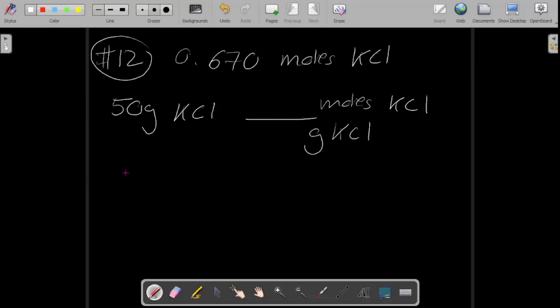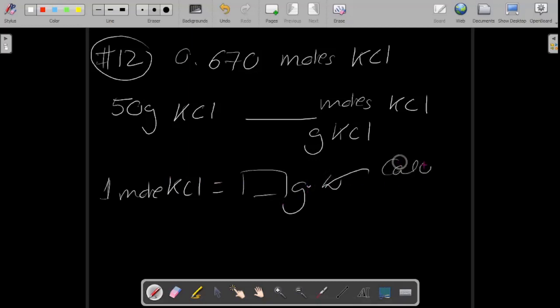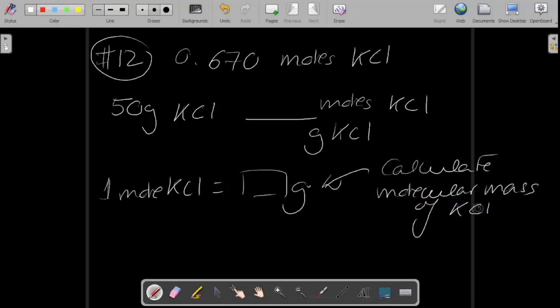Well, we have learned in this module that 1 mole of potassium chloride equals a certain amount of grams, and I can find those grams if I calculate the molecular mass of the molecule, in this case, this molecule. If I calculate the molecular mass and I call it grams instead of AMUs, then I have a conversion factor.